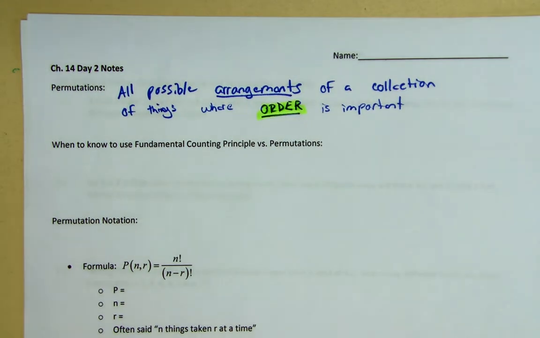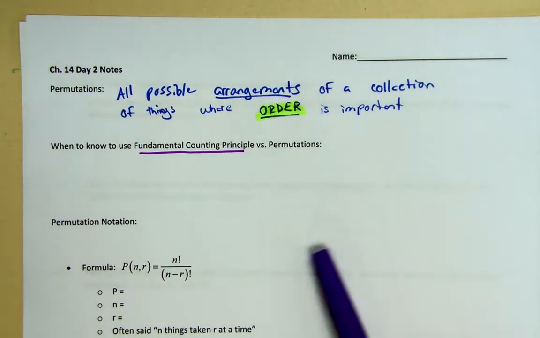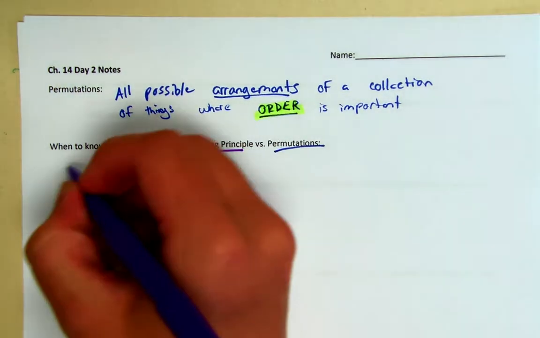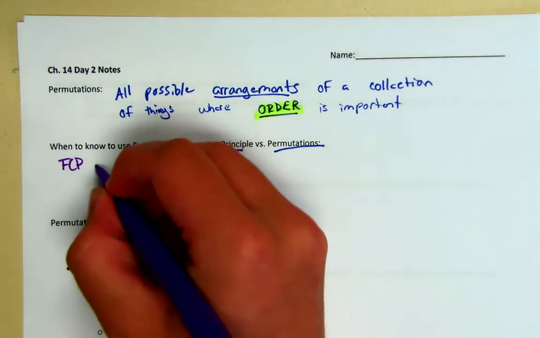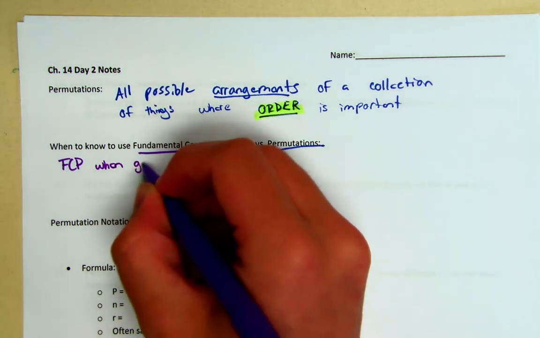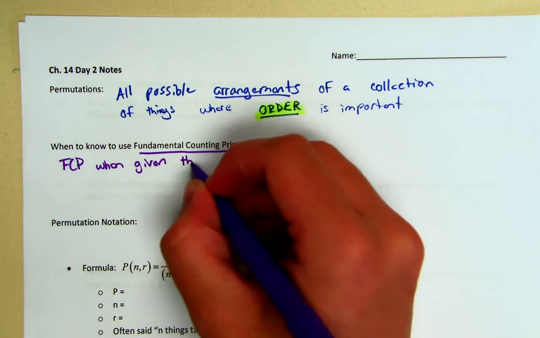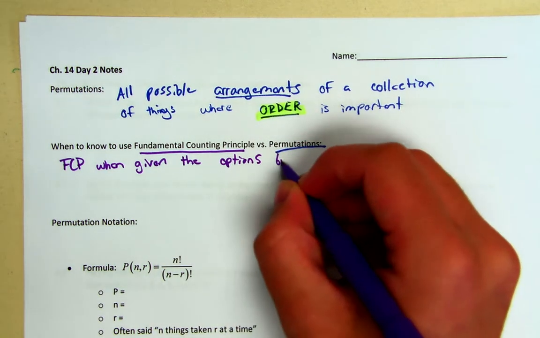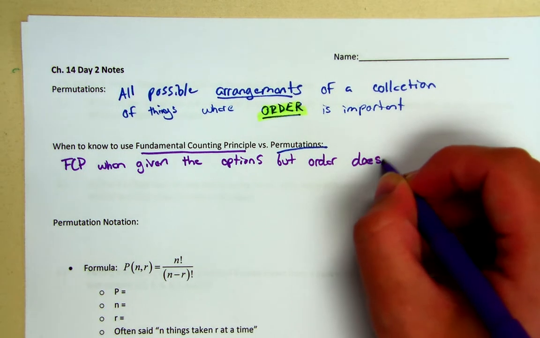Now, how do we tell the fundamental counting principle from permutations? Again, we're going to use the fundamental counting principle when given options, but order doesn't matter.